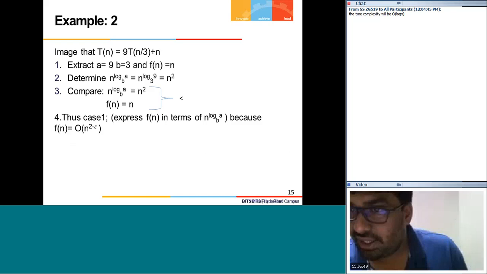Which says the time taken to perform the operation outside of recursion might take order of n square or less than order of n square, because of 2 minus epsilon. And what is the epsilon value? If someone says it is equal to 1, then I'll say the time taken to perform the outside operation is the order of n only.